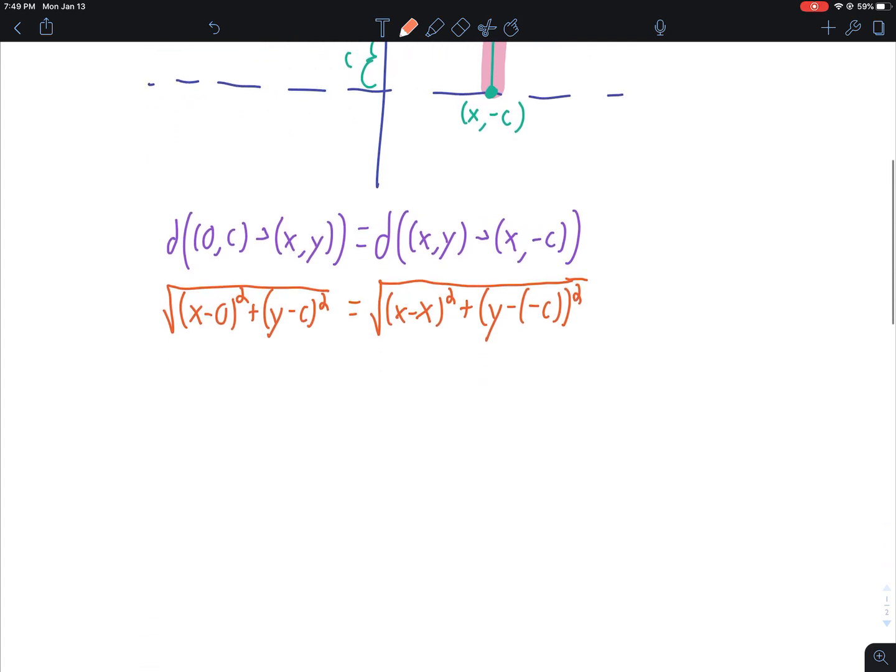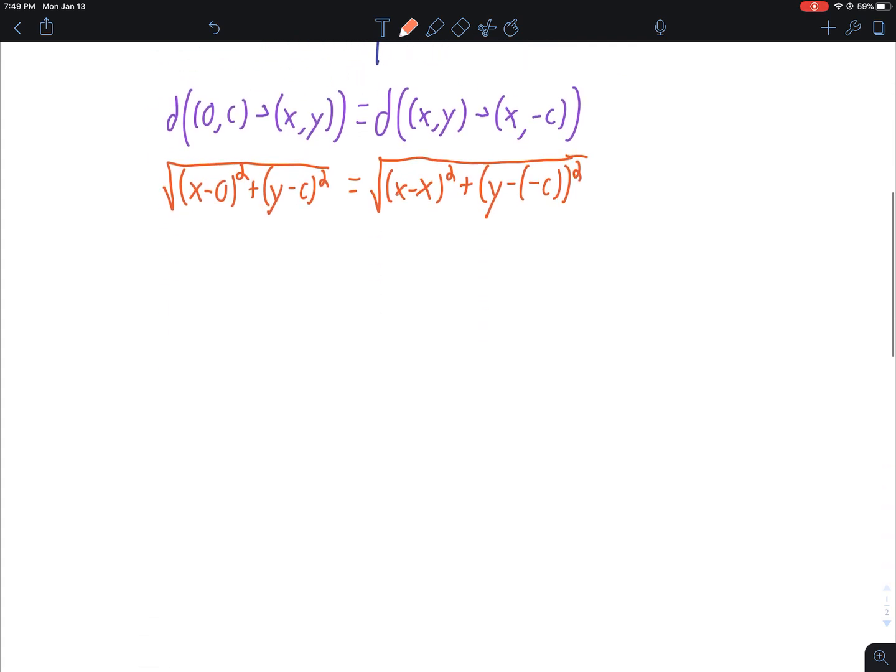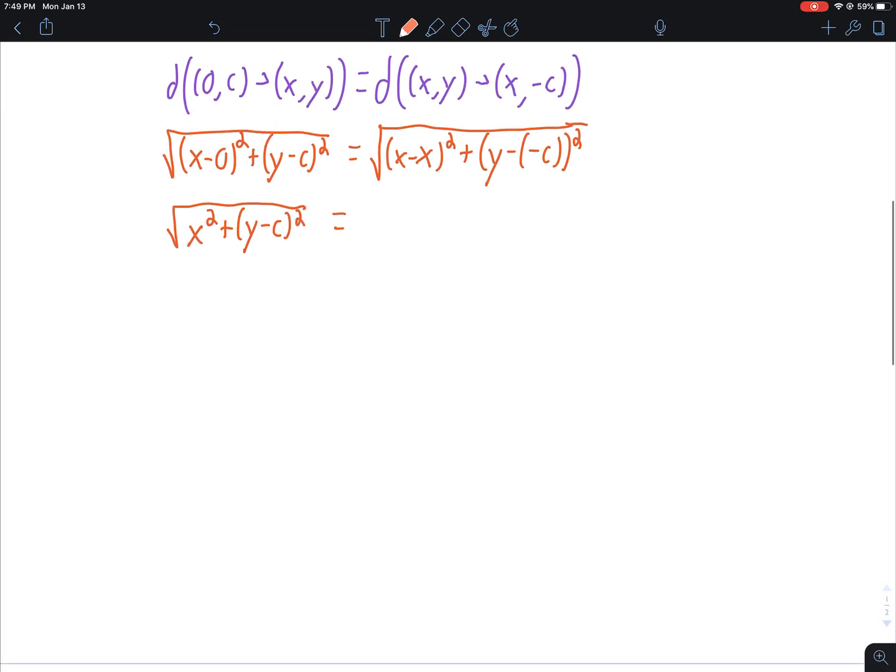Now we just see what we can do to simplify. We can simplify in the square roots. That first one is just going to be x squared, and that's going to stay (y - c) squared. And on this side, that first term is just 0.